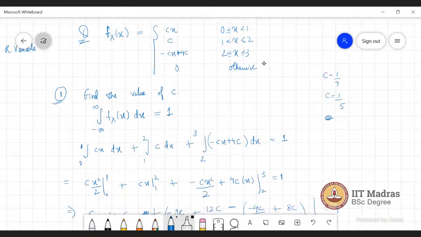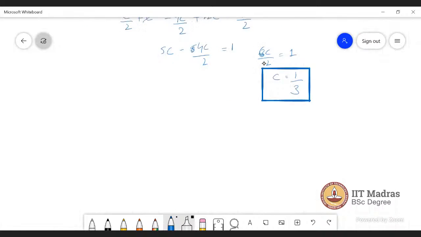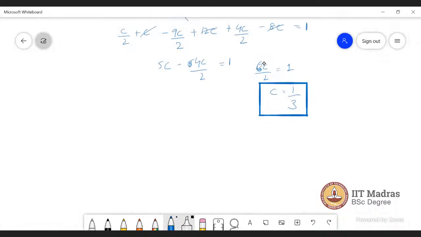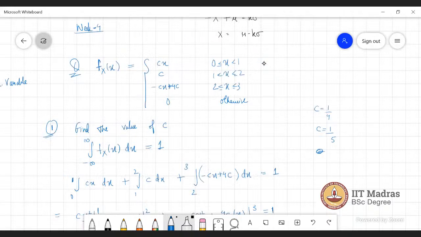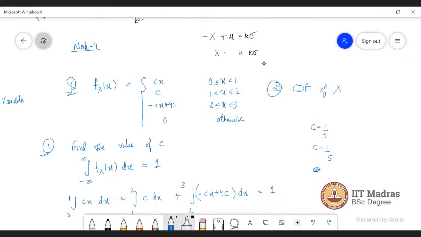Now continuing with the same PDF, you have to find the CDF of fx. Find the CDF of x. So remember, c is taking the value 1/3.